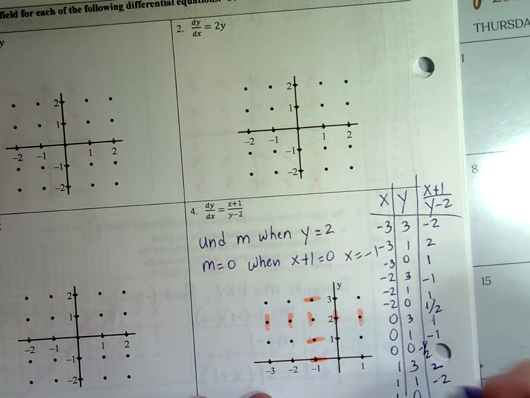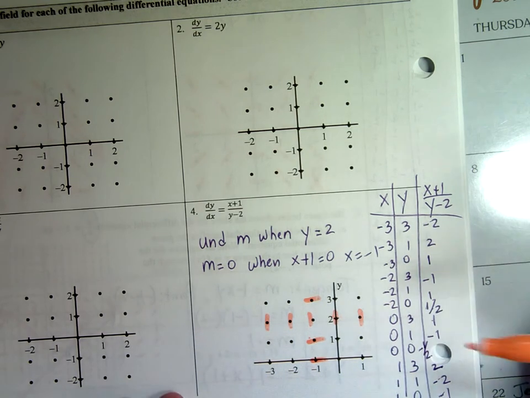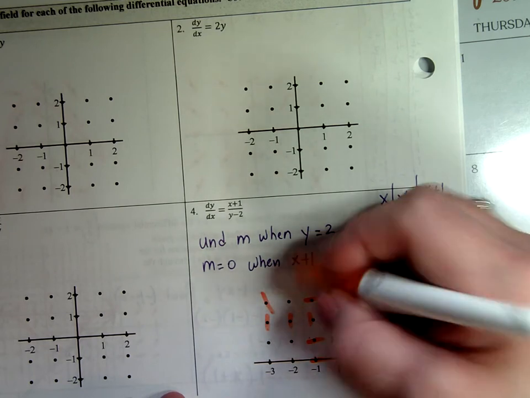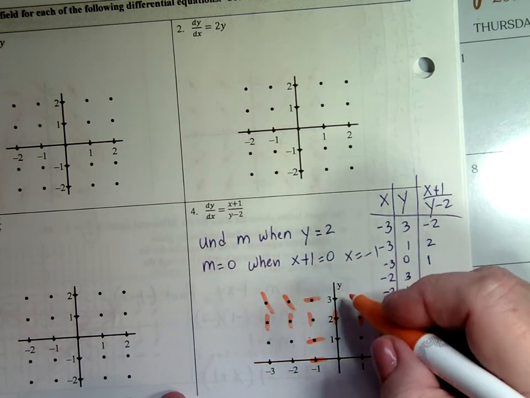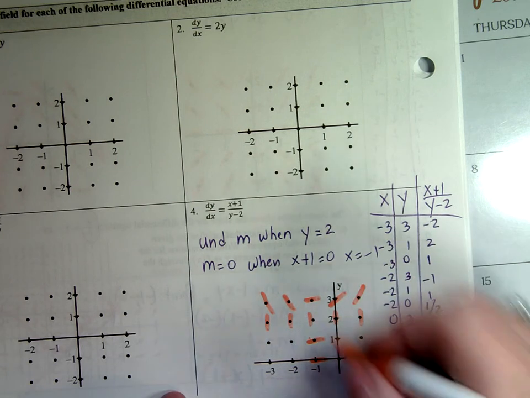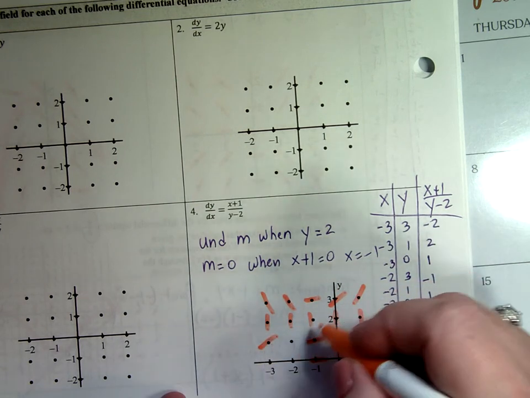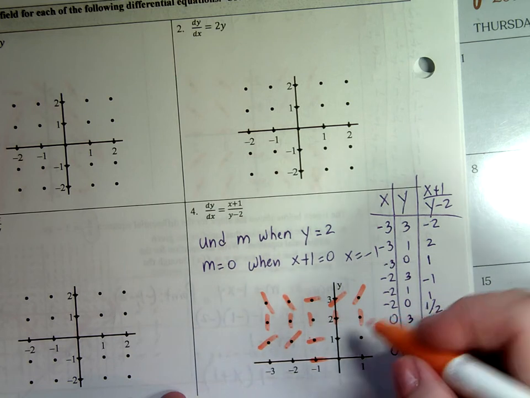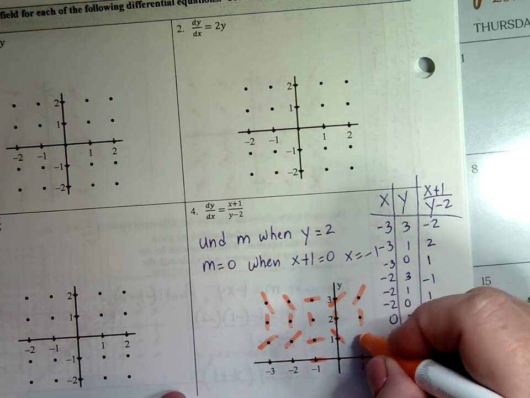And 1, 0 is negative 1. Put them on your slope field. Here it goes. So I have a negative. I have a negative. I have a positive. I have a steeper positive. I have a positive, a steeper positive, a negative, and a steeper negative.